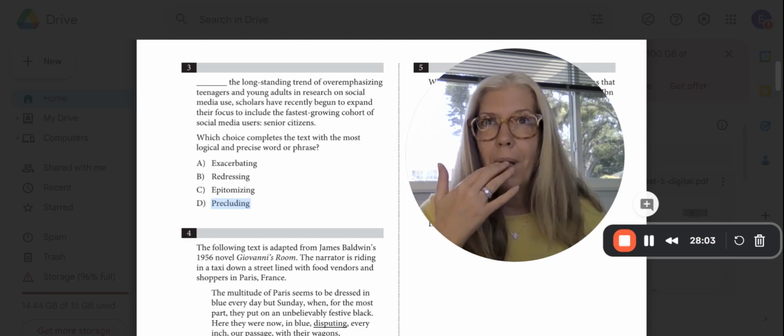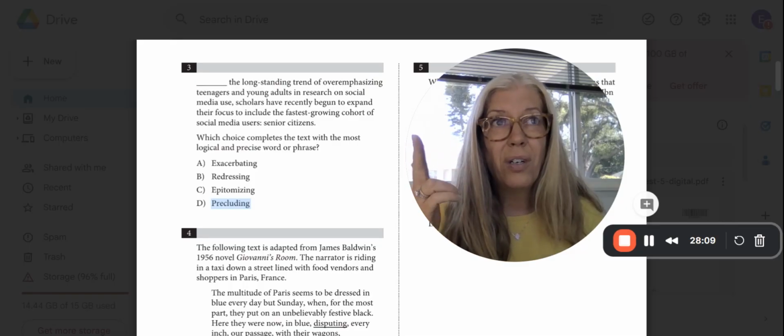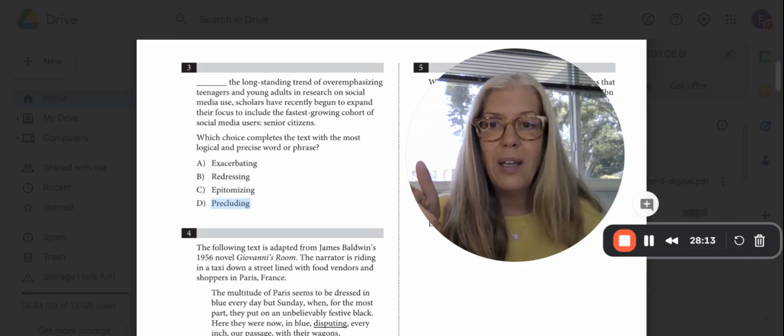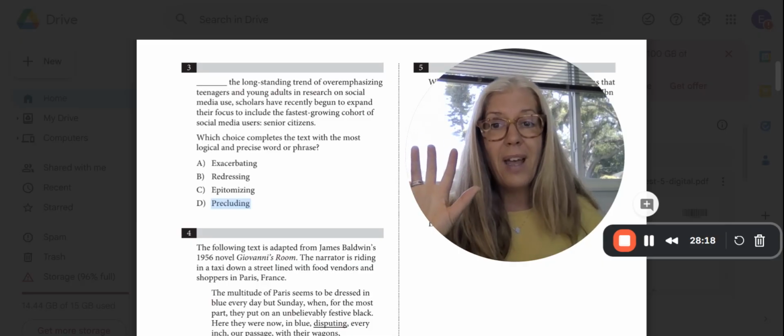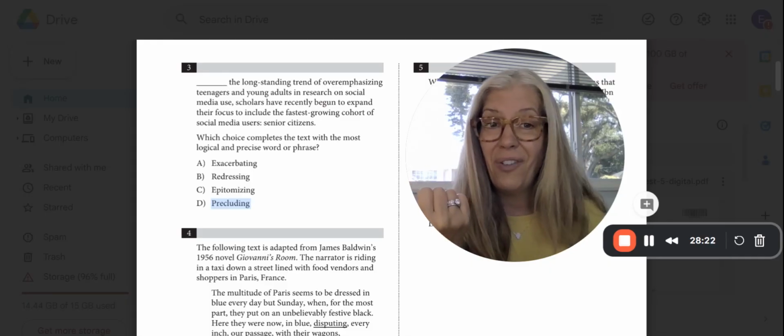Another word, rewind, review, reorder, going back and doing something again. So I do believe that redressing would be the best answer on there. And as a review, the things that we looked at were prefixes and suffixes.